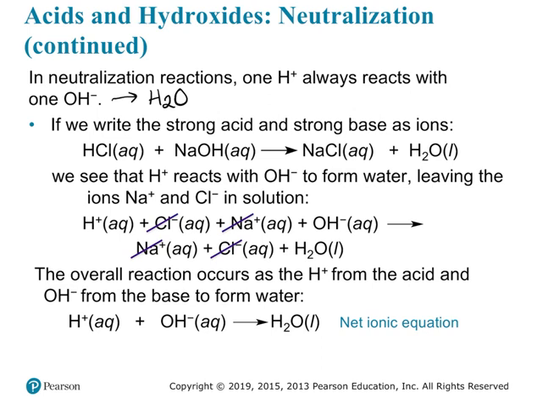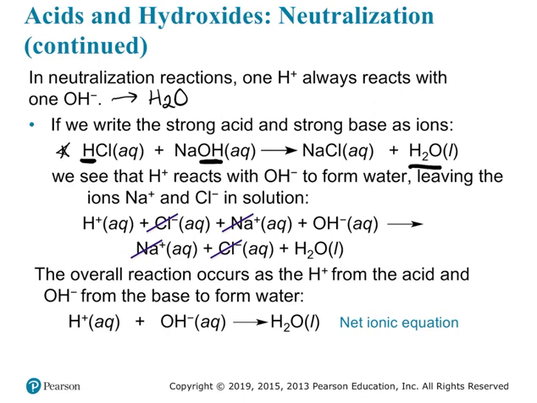So looking at our strong acid and strong base reaction, where we have HCl and NaOH, we can see that the hydrogen and the hydroxide form water, and that just leaves sodium and chloride in solution.